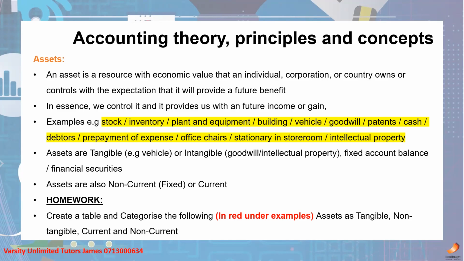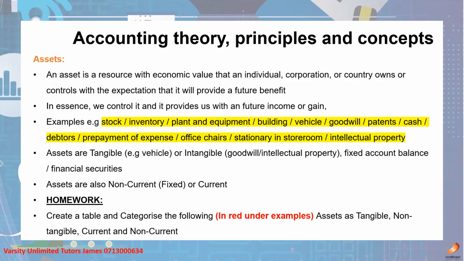Now, the opposite of a prepaid expense is when you were supposed to receive income, but you did not receive that income. That becomes what we call a debtor, or sometimes accrued income.